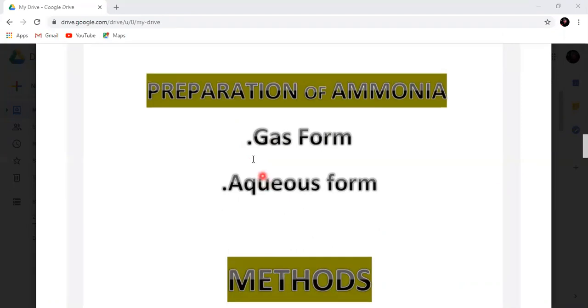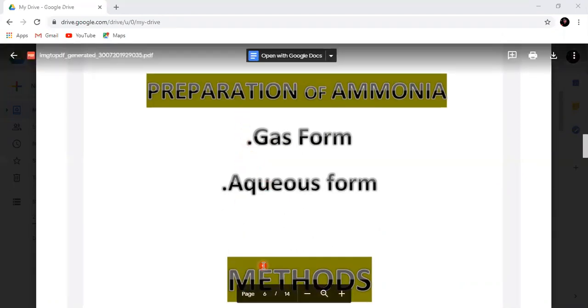Before starting the preparation methods, we first have to study the states in which ammonia is present. The first state is the gas form. Gas form means dry gas in the gaseous form. Second is the aqueous form, when water is present in this gas.